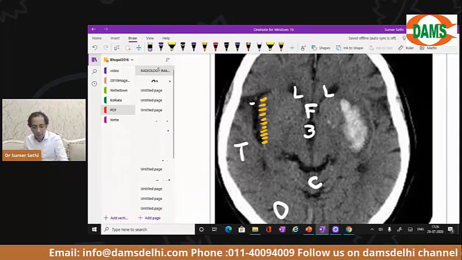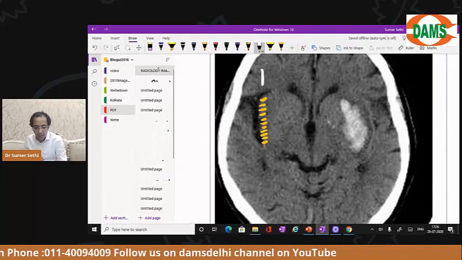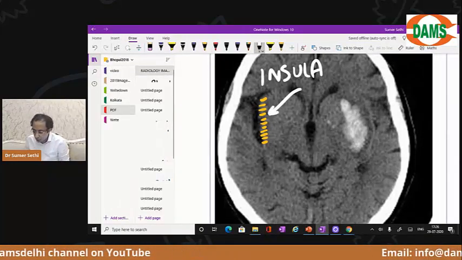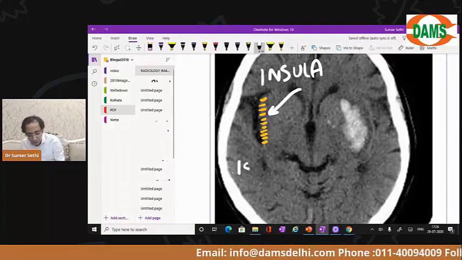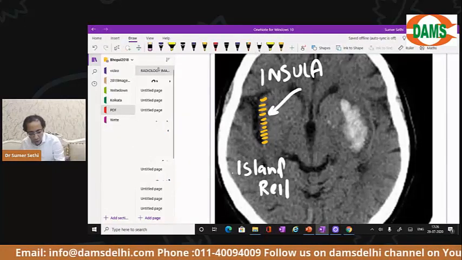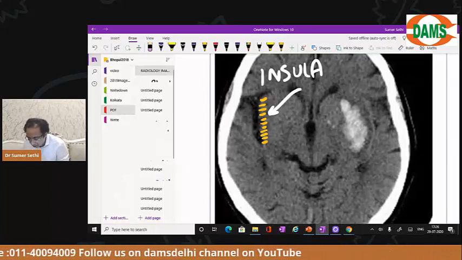Tell me, who is deep to the sylvian fissure? It is called the insula. Are you clear? The insula, or the island of Reil that you might have studied in your anatomy. So the insula is the area located deep to the sylvian fissure.